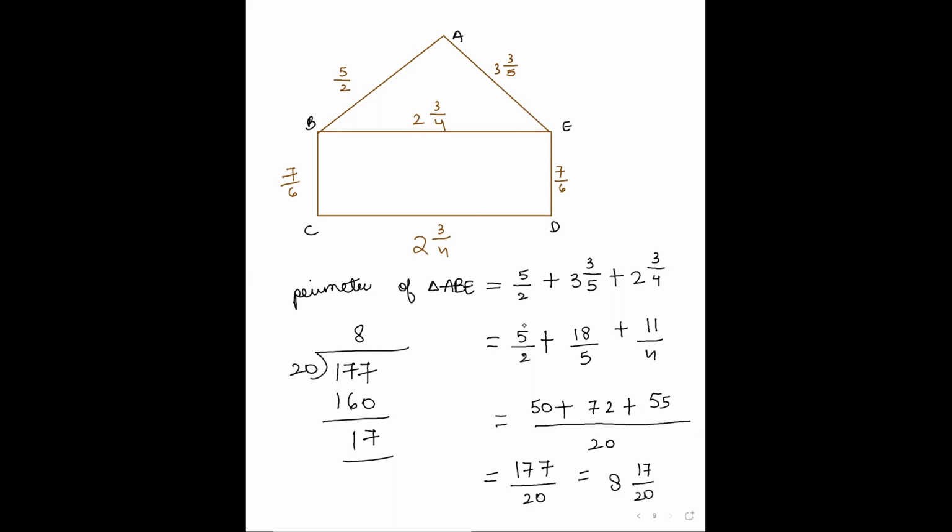L is 2 3 by 4 and B is 7 by 6. Very good. So solve it. We have to convert it into improper fraction first.